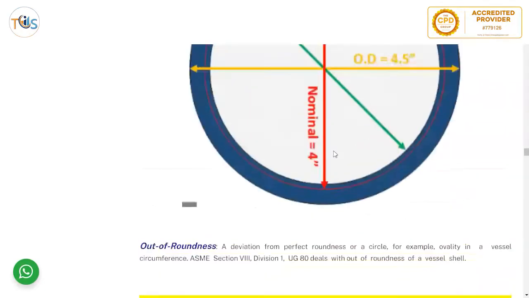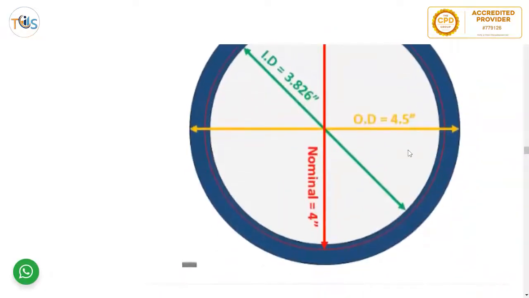If this is a vessel or a pipe, you measure two diameters, or several diameters, preferably at right angles, for the inside diameter. If it was perfectly circular, with no out of roundness, you should get the same number. So the difference is the out of roundness, which should be not more than 1%.